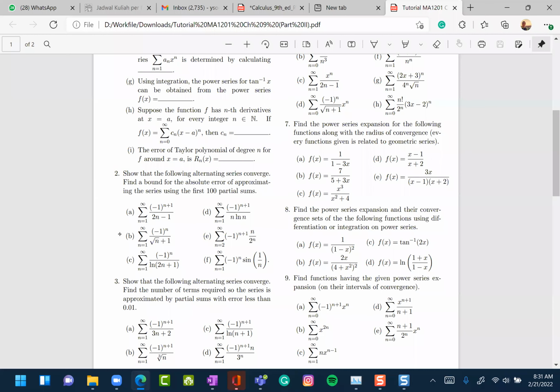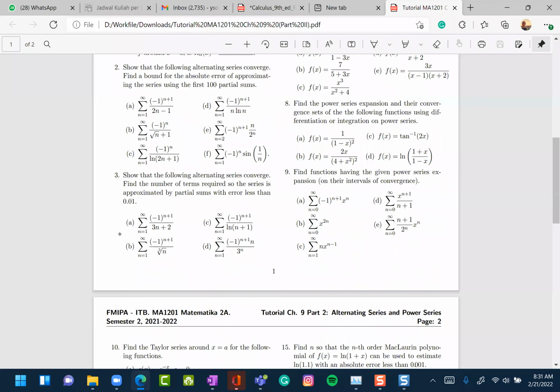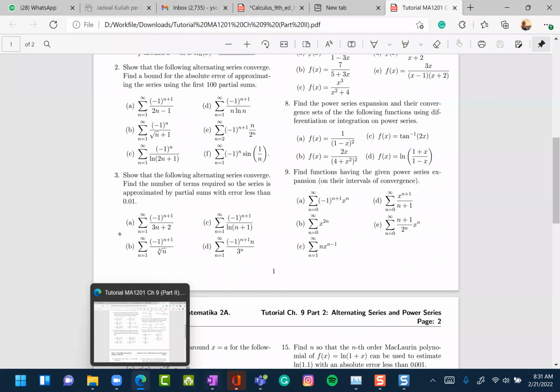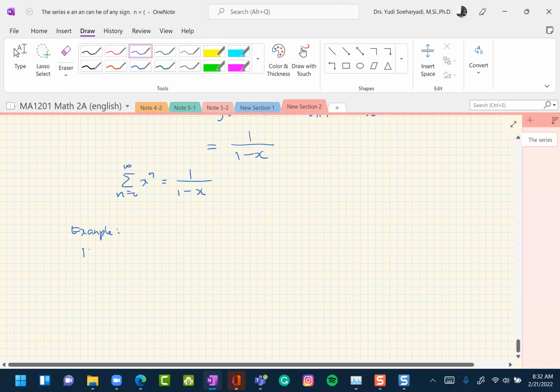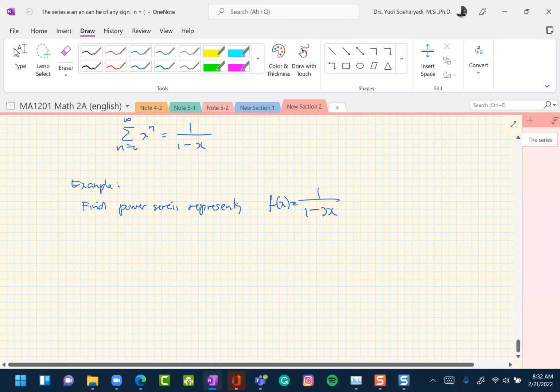F of x equals 1 over 1 minus 3x. Find the power series representing f of x equals 1 over 1 minus 3x.